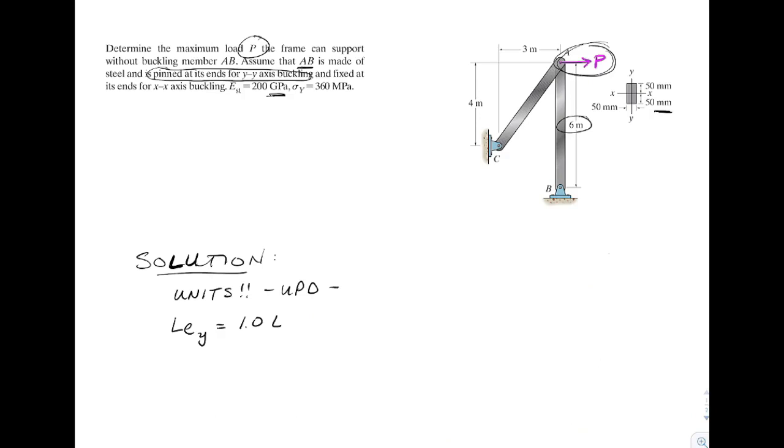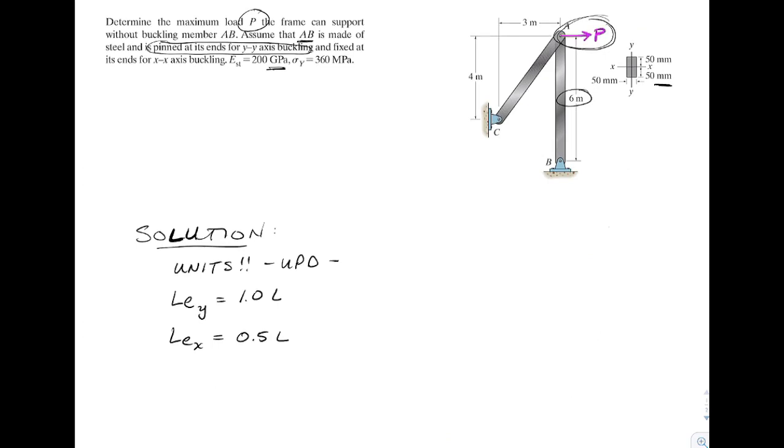That's for pinned. And it's fixed about its ends for X buckling. So that factor is 0.5, and those numbers can be found right on the bottom of your equation sheet as well.